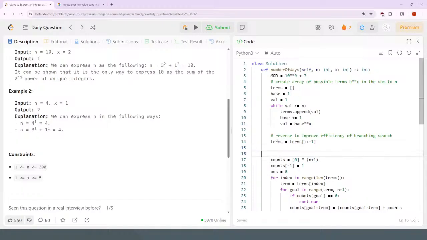Okay. This is an array of counts for goal values.